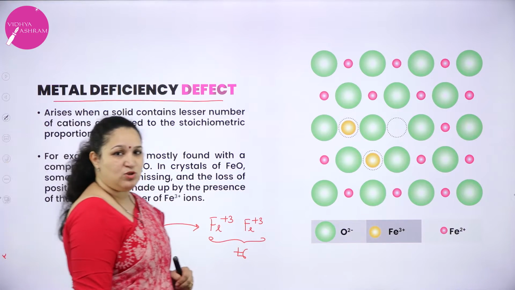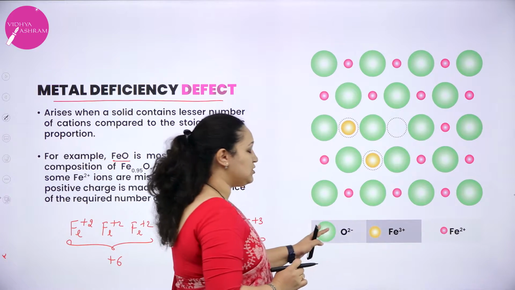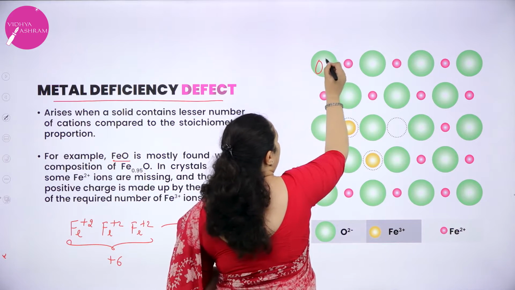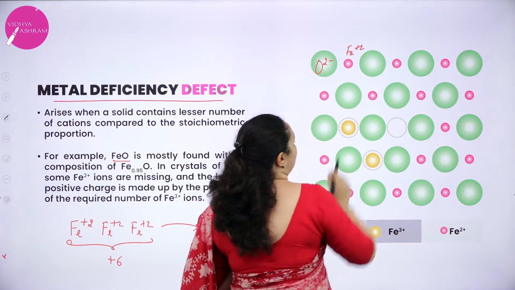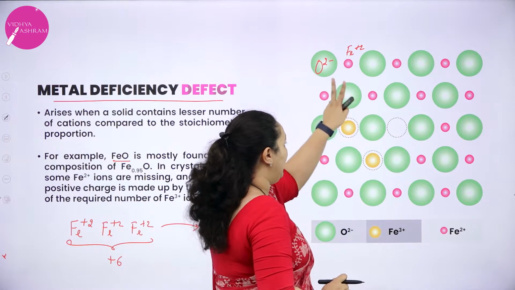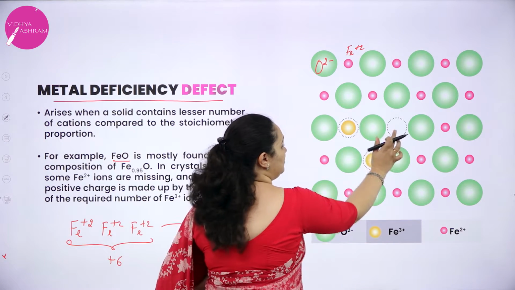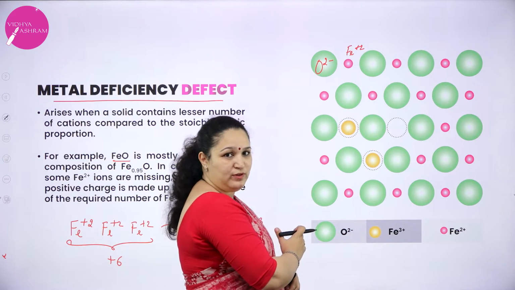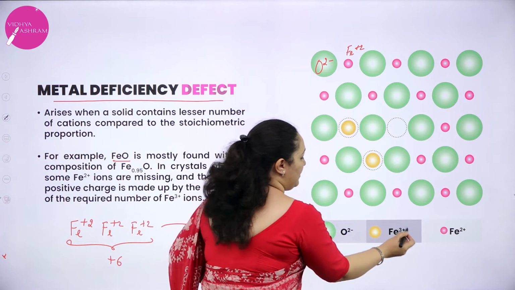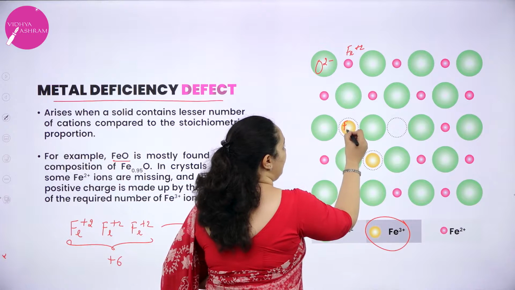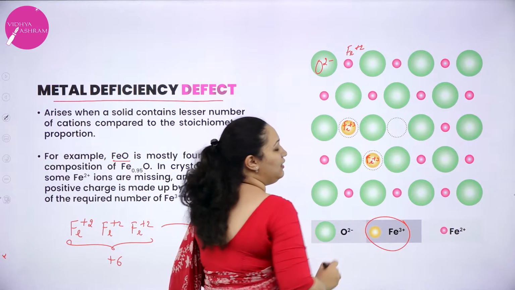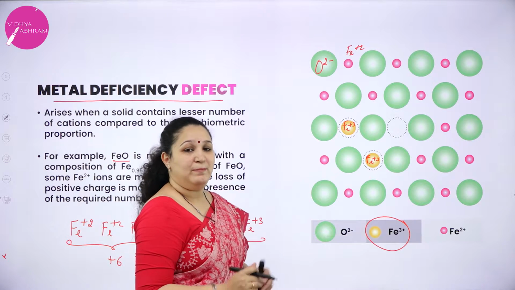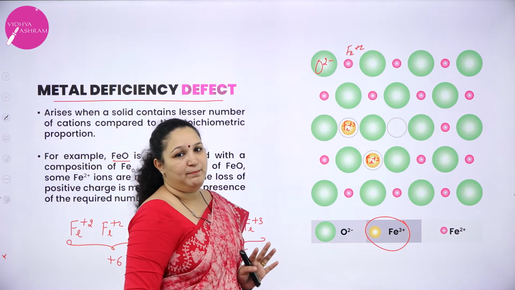In this diagram also you can see green color ones, that is O2 minus, and the pink one is Fe plus 2. Here it should have been Fe plus 2. You can see 1, 2, 3. They are removed, and 2 places you can see Fe plus 3. This is Fe plus 3 is replaced and 1 remains vacant, but electrical neutrality is maintained.